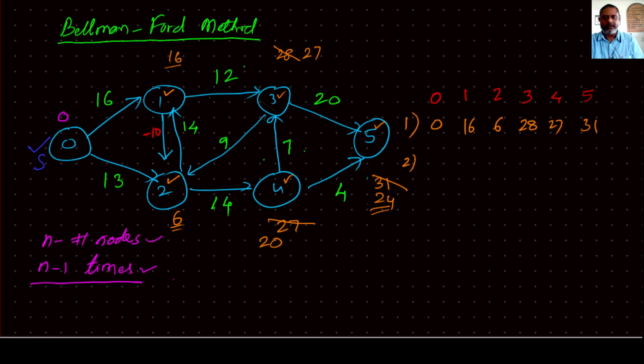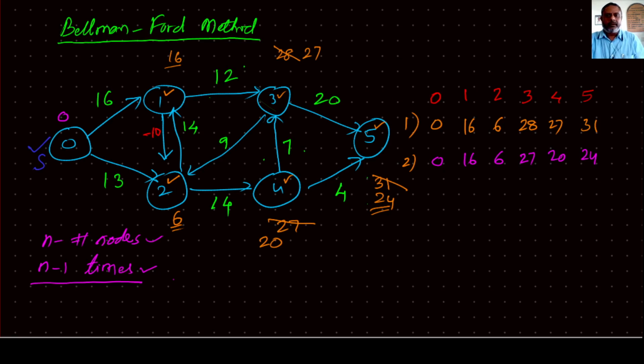So finally we have the new set of data, that is 0. For 1 it is 16, for 2 it is 6, for 3 it is 27, for 4 it is 20, and for 5 it is 24.